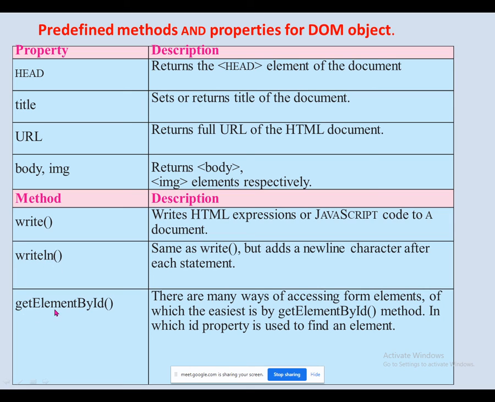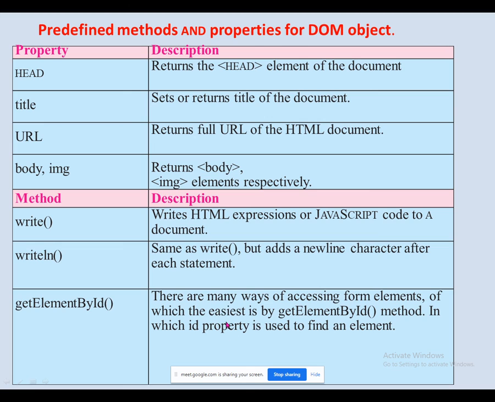Okay, getElementById. There are many ways of accessing form elements, of which the easiest is the getElementById method, in which the id property is used to define and find an element.